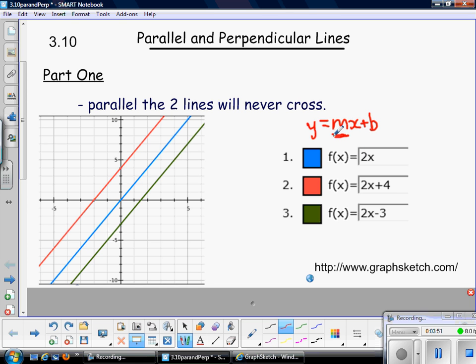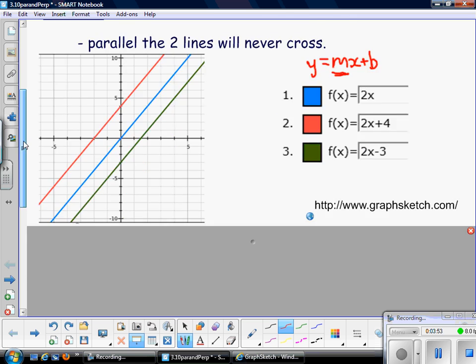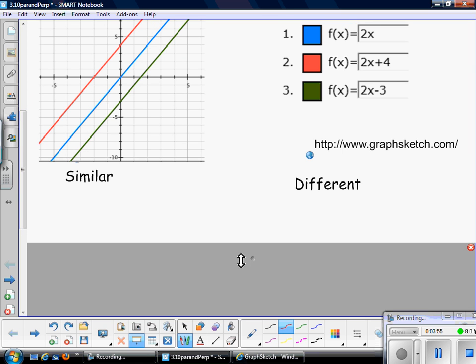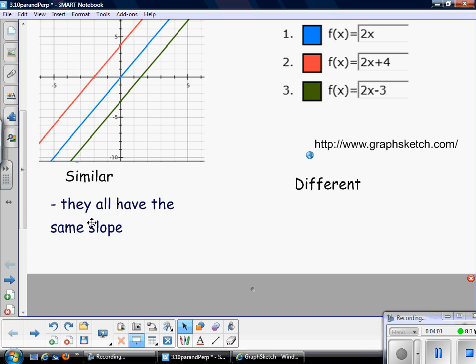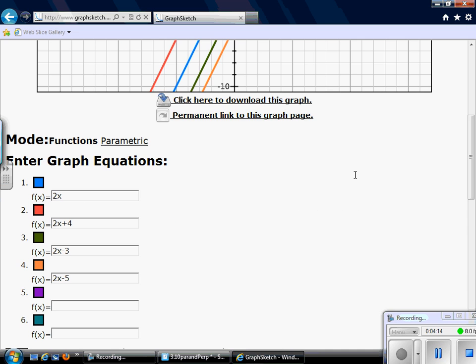So we actually have discovered something. How are they the same? Well, they all have the same slope. What's different about them is they intersect the y-axis in different locations. If I go to the bigger one, it might be a little bit easier to see.